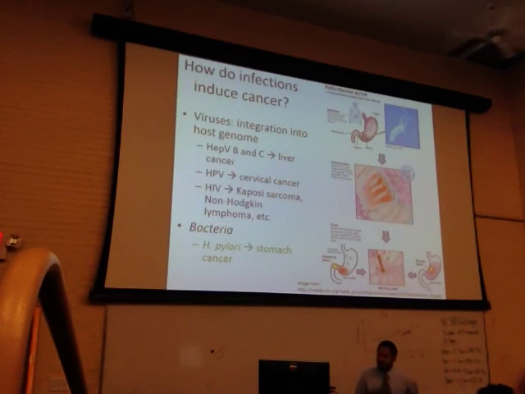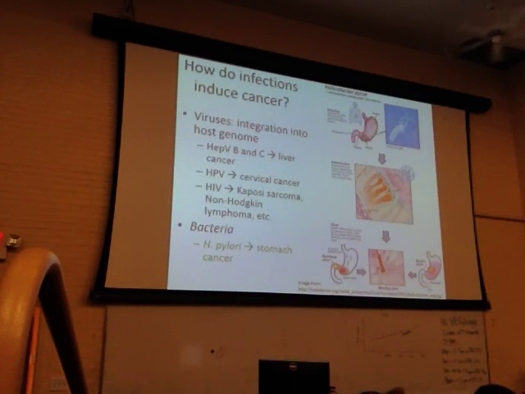The bacterium that's most common leading to stomach cancer and duodenal cancer is H. pylori. This Helicobacter gets into the antrum and the pylorus region of the stomach and takes residence.